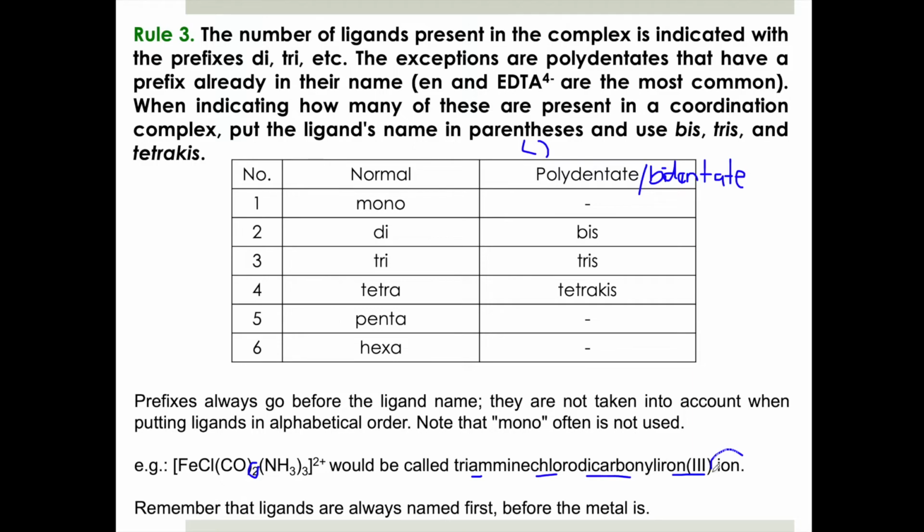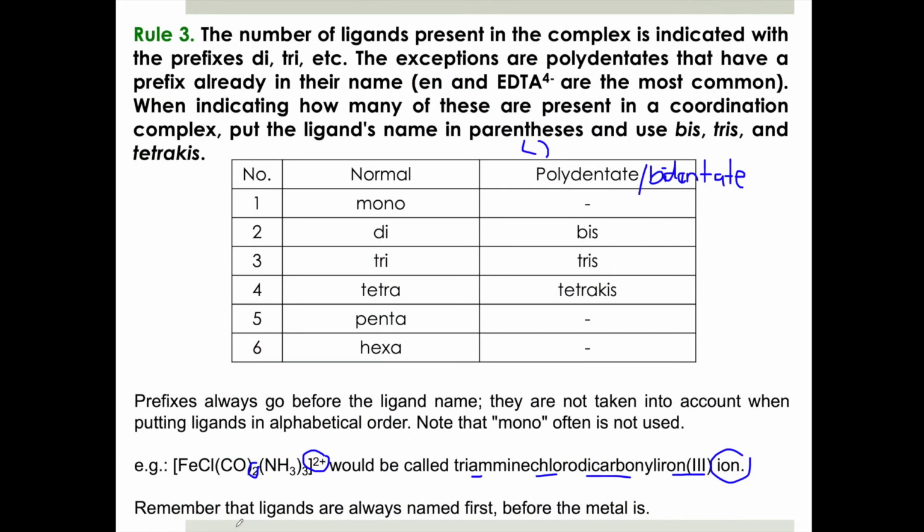ion. Why is this ion? Because we have a positive 2. So first thing, you need to list down your ligands based on alphabetical order, followed by the metal and also the oxidation state. Then remember, ligands are always named first before the metal.